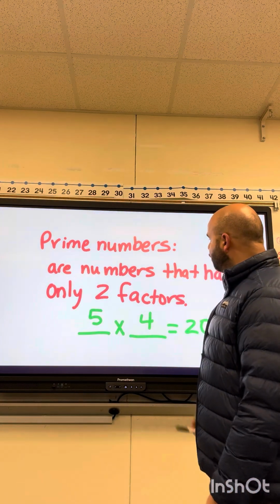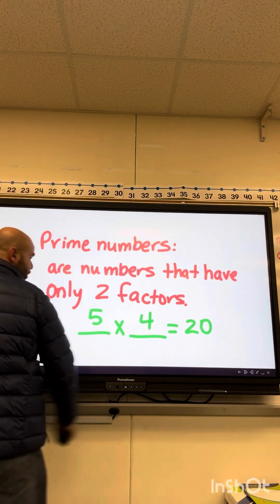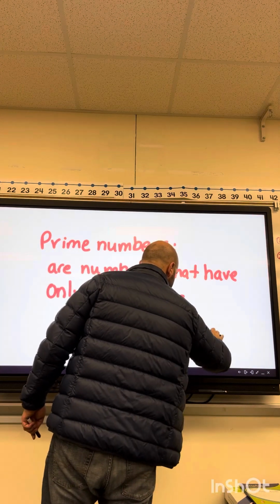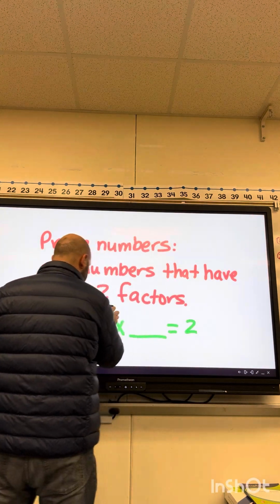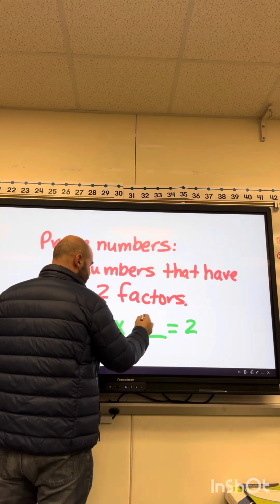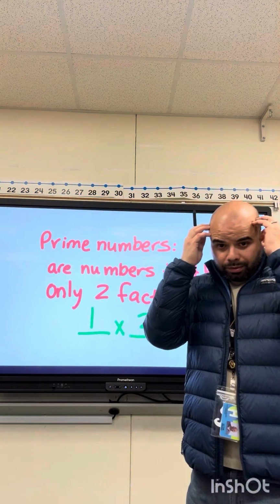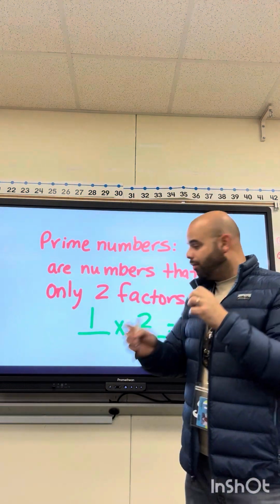Okay? So, let's use another example instead of this one here. If a number is a prime number, that means there are only two factors that you could come up with that, when you multiply, will give you that number.